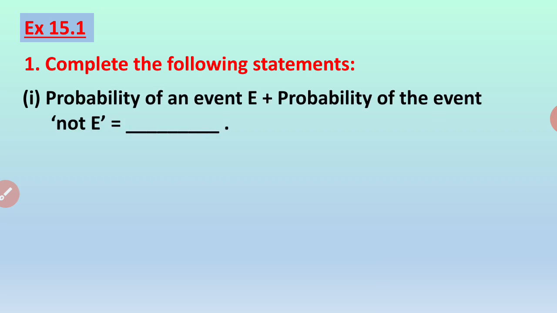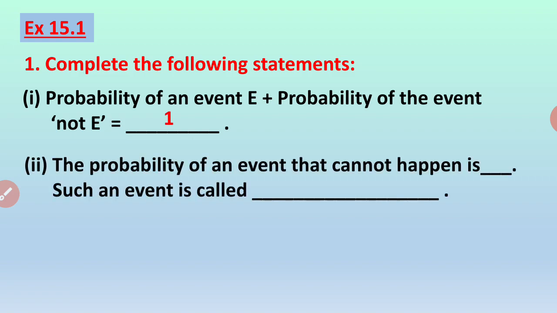The first one, probability of an event E and probability of not E, when you add them, the answer will be always 1. Next, the probability of an event that cannot happen is 0. If it is not possible, actually we have studied about all these things in the last video.